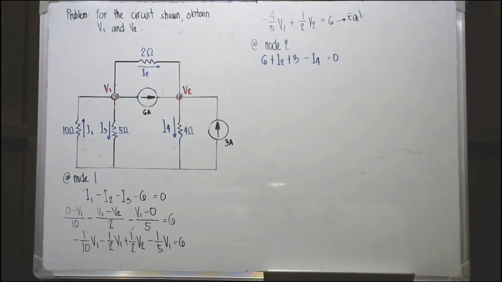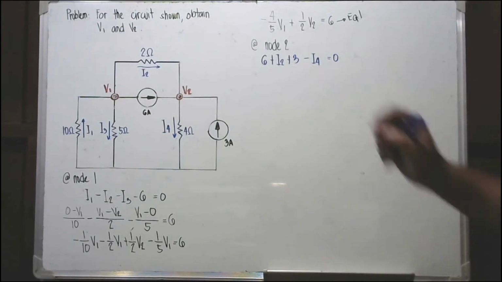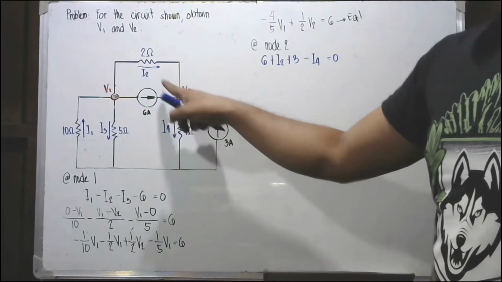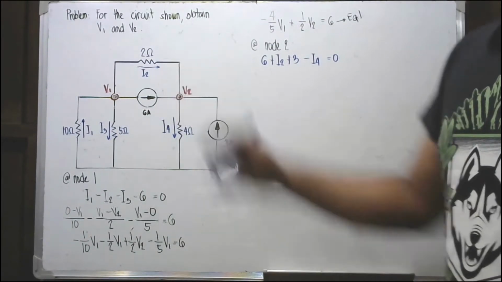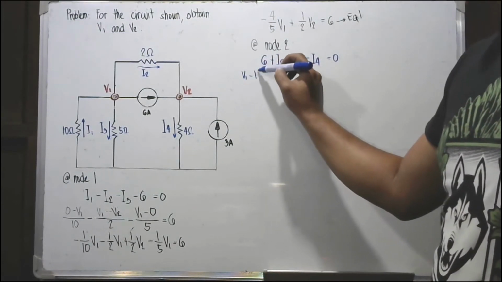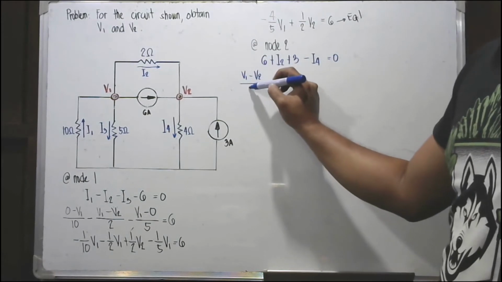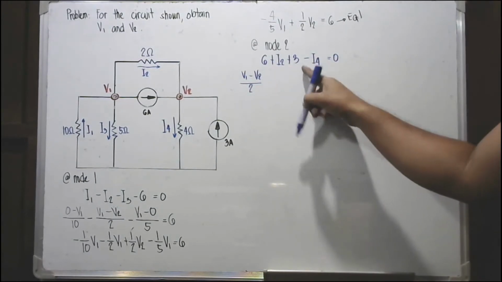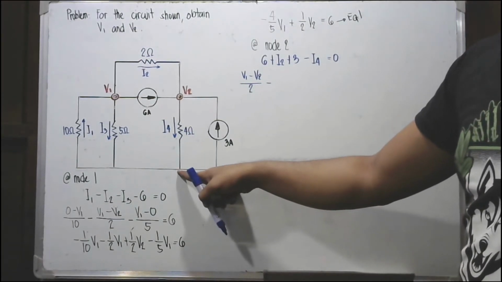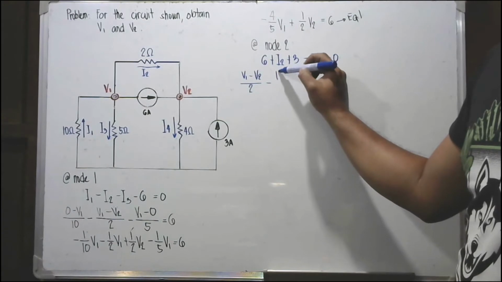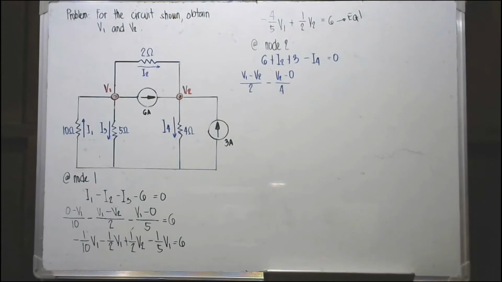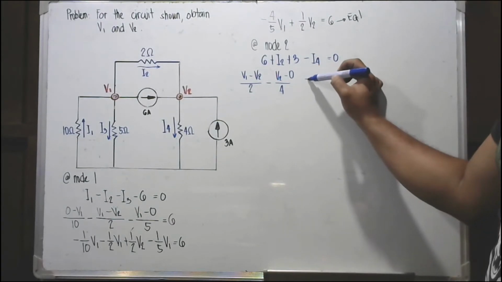Then substituting the nodal current equivalent for your I2 and I4. So for your I2, you have V1 minus V2 divided by the resistance 2 ohms, minus I4. So for your I4, you have V2 minus 0 divided by 4. Then is equal to constant.